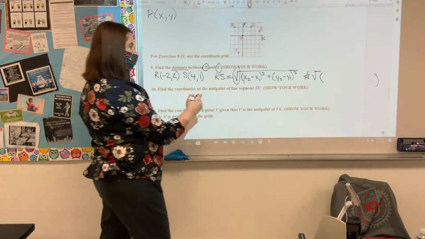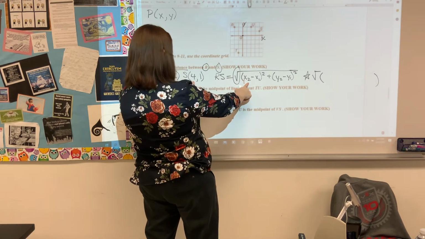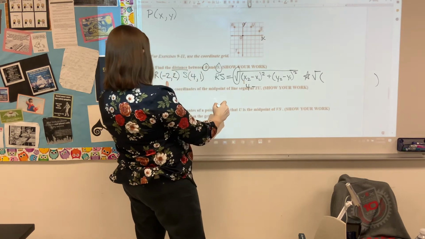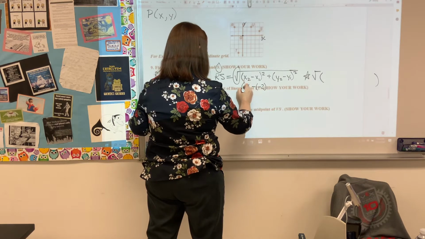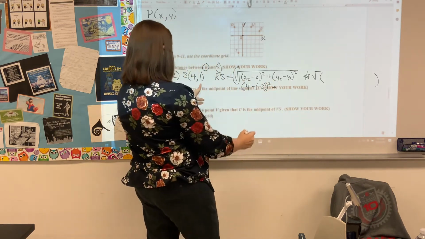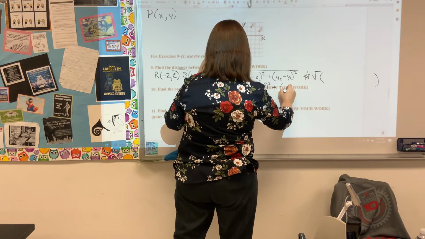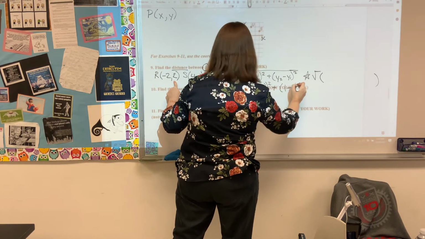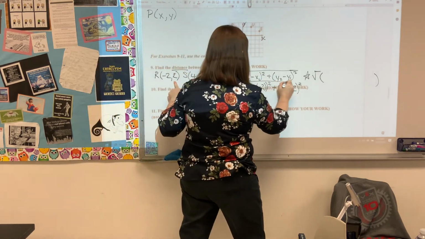How do I solve for this? I take my x2, which happens to be 4, subtract my x1, which is -2, and I have to square it. Okay, my y's, y2 is 1, subtract 2, and I have to square it. And now I have to remember, hey, take the whole square root of everything.